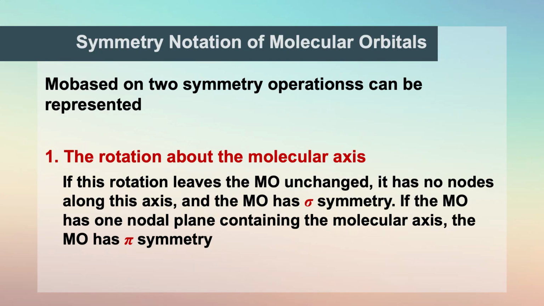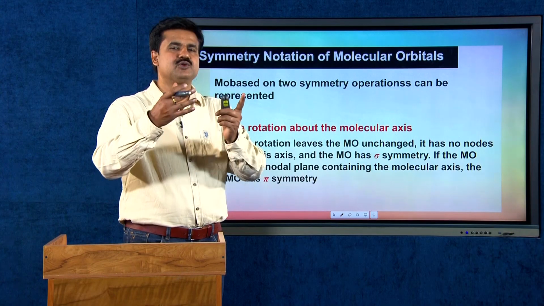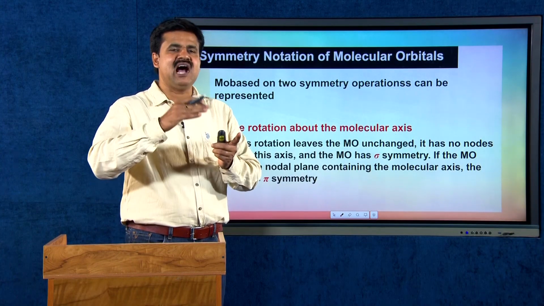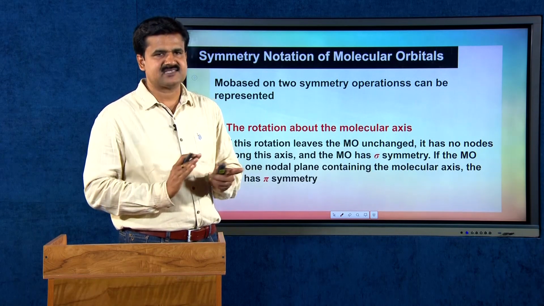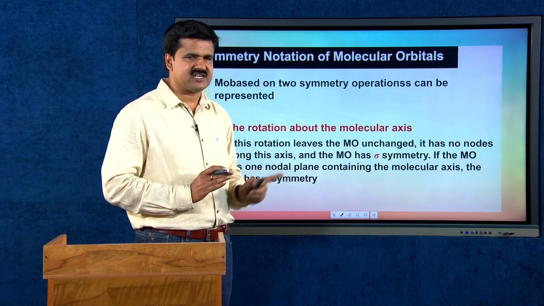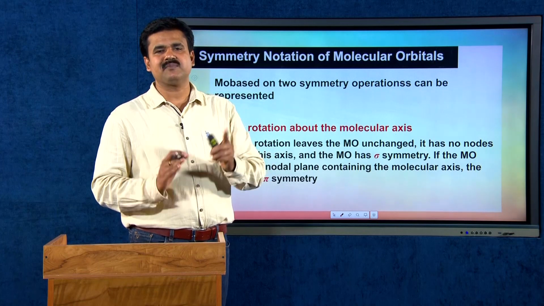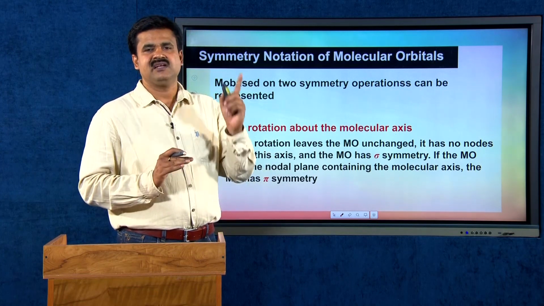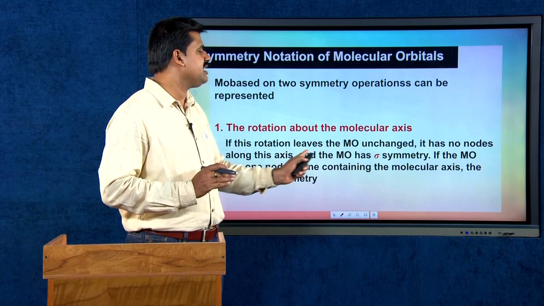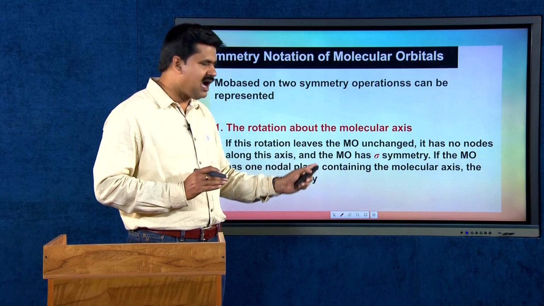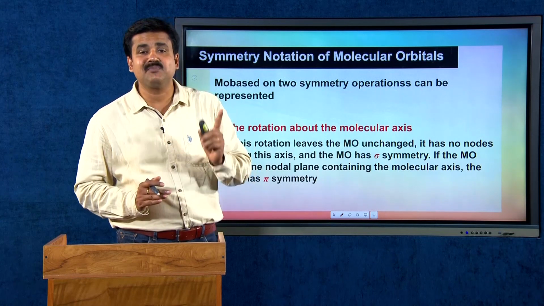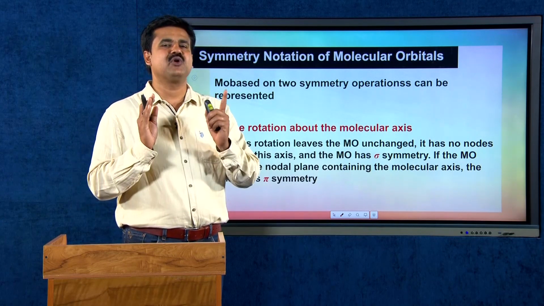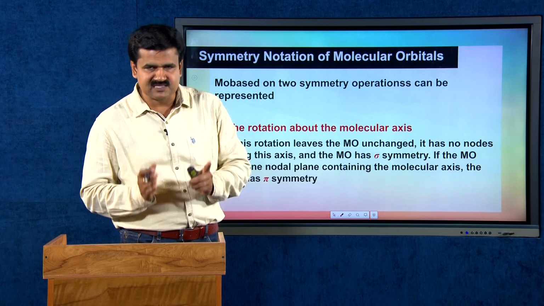The first operation is the rotation about the molecular axis. We have to take the molecular orbital and perform rotation about the molecular axis. If such rotation leaves the molecular orbital unchanged, it has no nodes along the axis, and then the molecular orbital has sigma symmetry.